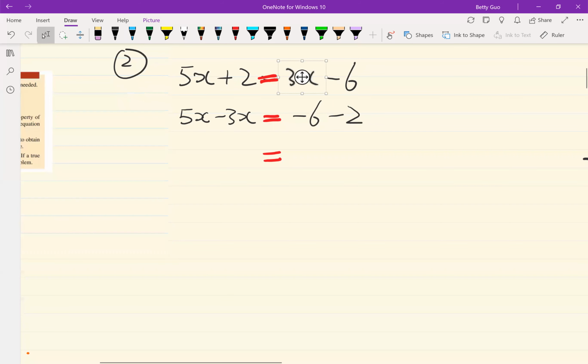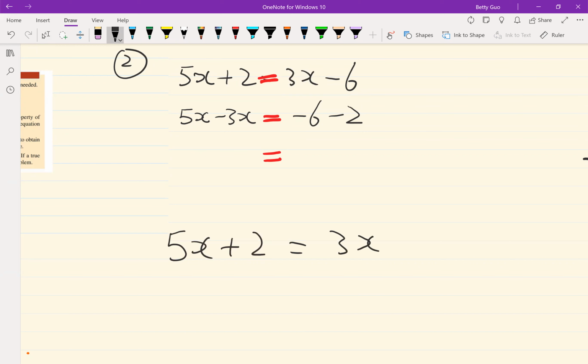Okay, hold on. Let me try this. 5x plus 2 equals 3x minus 6. So we want to move this guy to the left, right? Okay, you can move it, not a problem. But when you move it to the left, you need to change the sign to the opposite. Ian, do you see that?